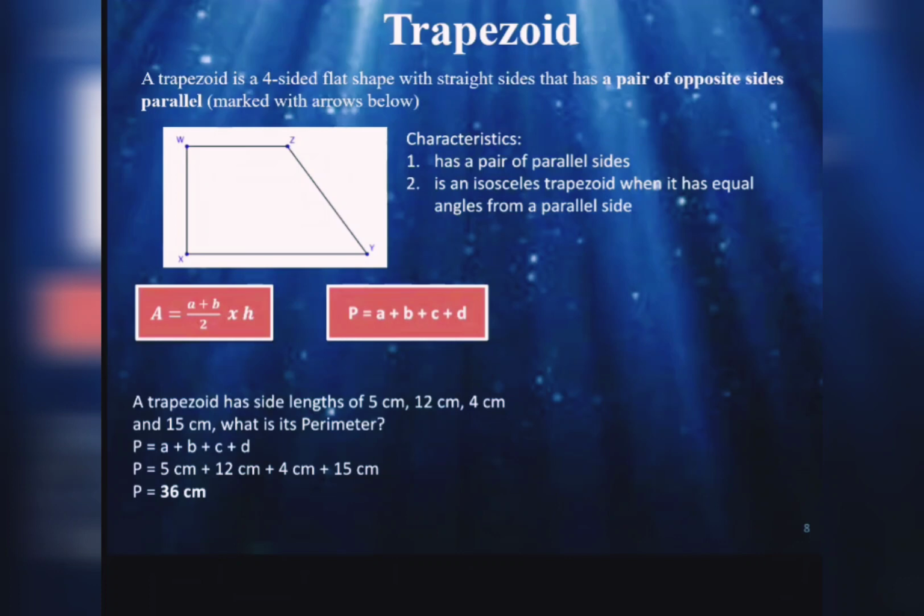We know the perimeter is the sum of the sides, and the answer is 5 centimeters plus 12 centimeters plus 4 centimeters plus 15 centimeters, and the answer is 36 centimeters.